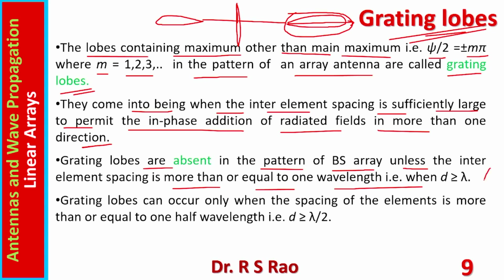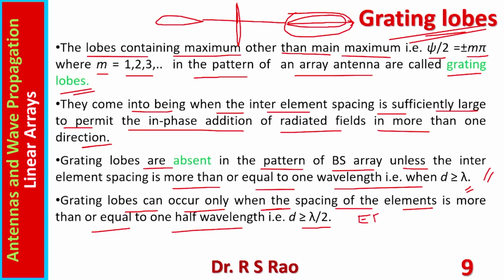So here is a point. Grating lobes are always unwanted and they can be made absent by selecting element spacing less than lambda in case of broadside operation. Grating lobes can occur only when spacing of elements is more than or equal to half a wavelength in case of end fire.